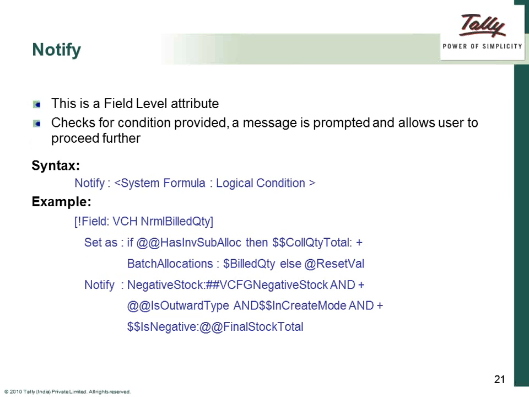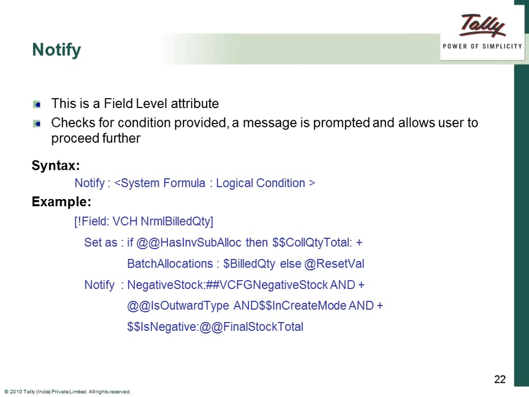Then we have an attribute called notify. Again, it's a field level attribute. It checks for the given condition, and a message is prompted if the given condition is satisfied. When I talk about validate, until the given condition is satisfied, the cursor does not move further.